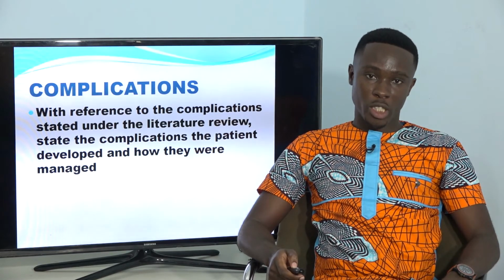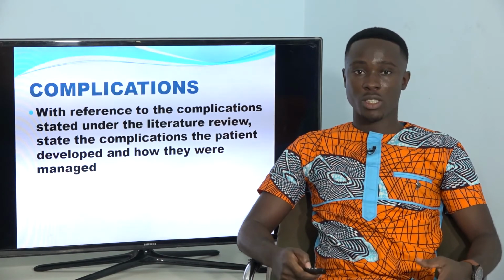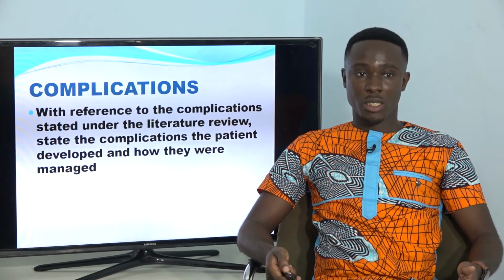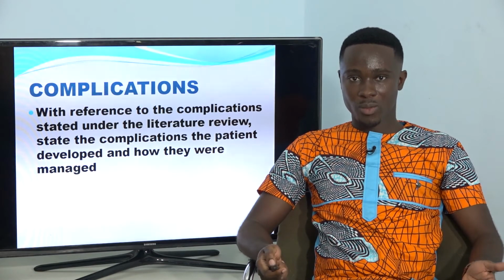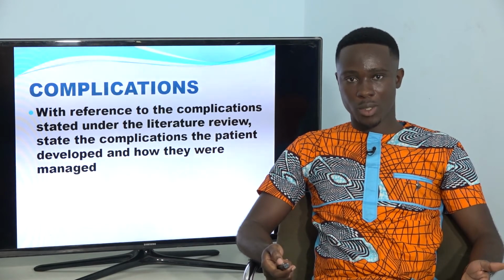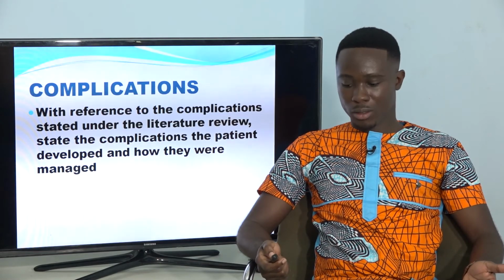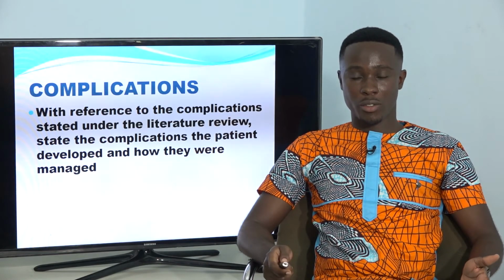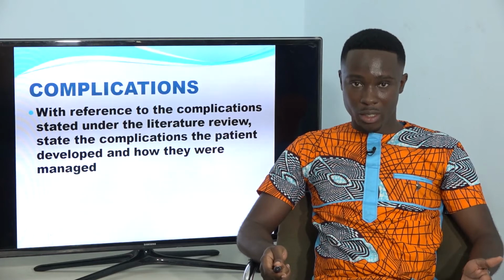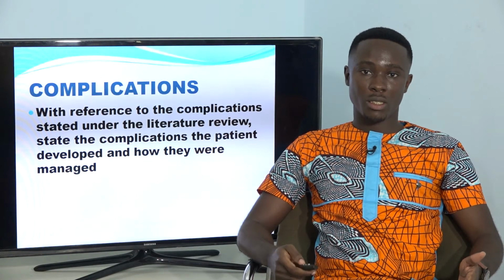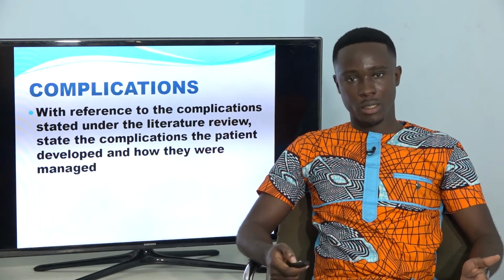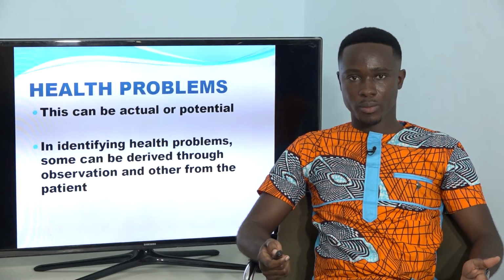So for every condition, there are complications. You have to state if indeed your patient exhibited any complication and how you managed them. That's for complications. If the patient didn't exhibit any complications, you just write that patient did not exhibit any complications.